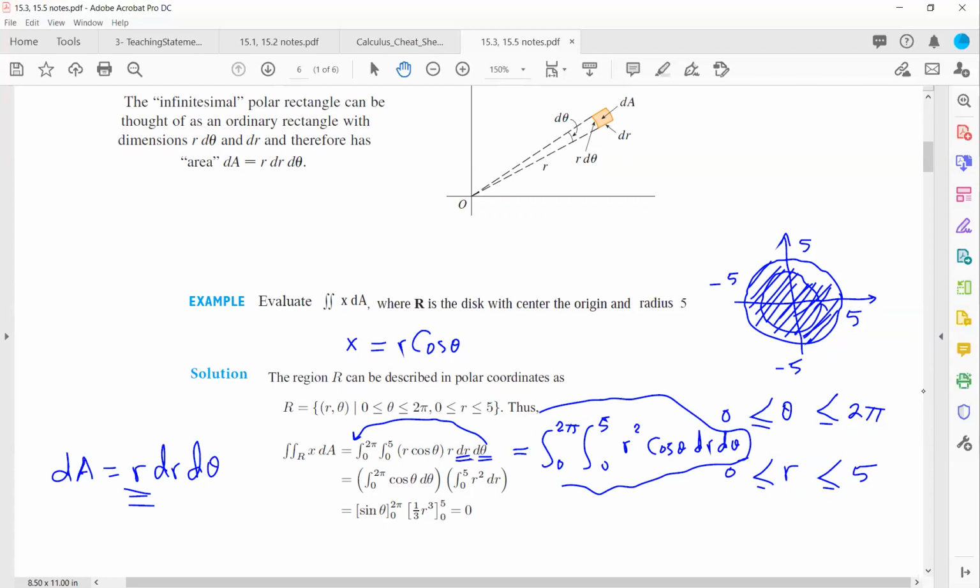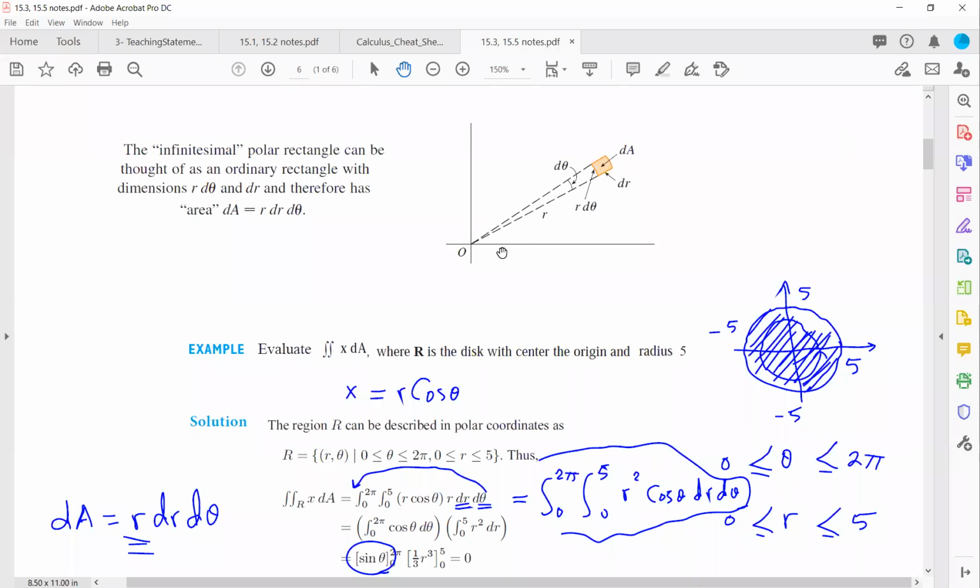The first integral is 0 to 2 pi of cosine theta, which is obviously 0. And the integral of 0 to 5 of r squared dr, we don't even have to calculate this because we know that the first integral is 0, so the outcome is equal to 0.